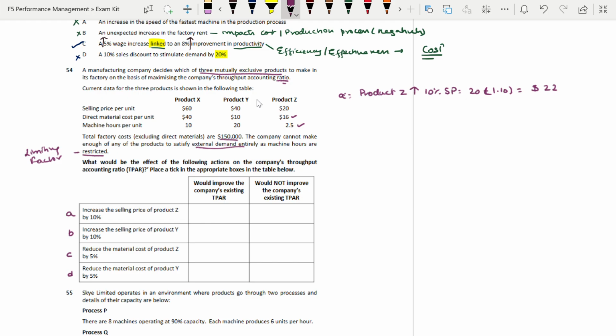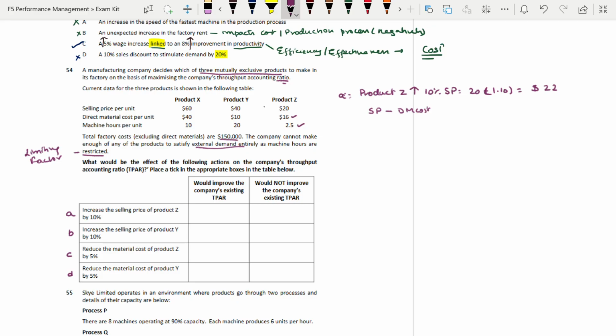Now what we have to do: will the increase improve the company's existing ratio or not?